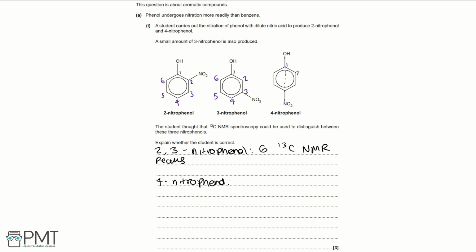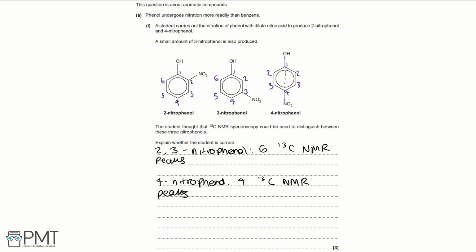So we've got 1, 2, 3, 4, because this is also 3 and 2. So it's got 4 carbon-13 NMR peaks.